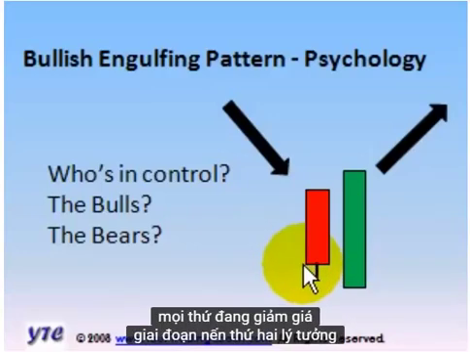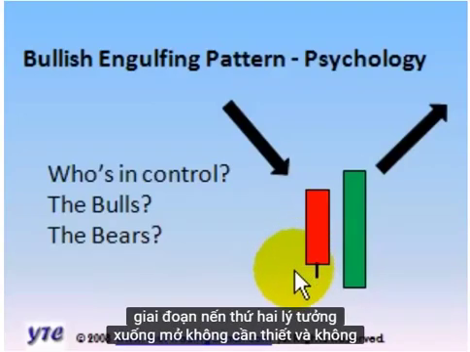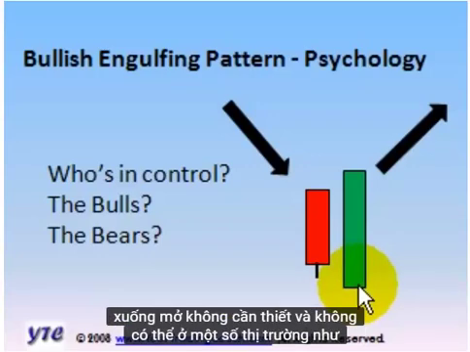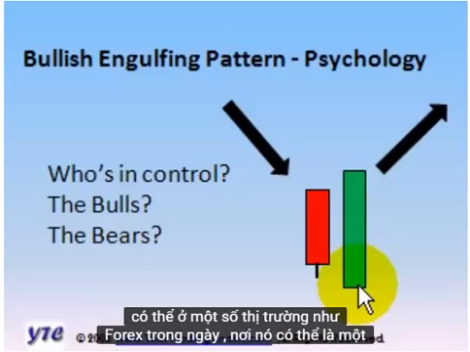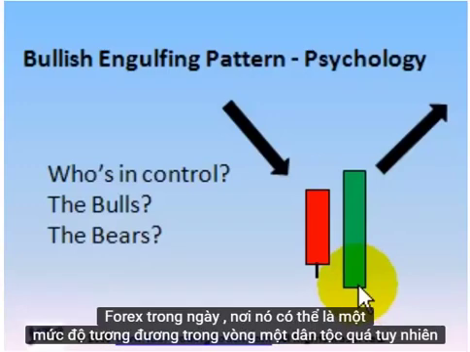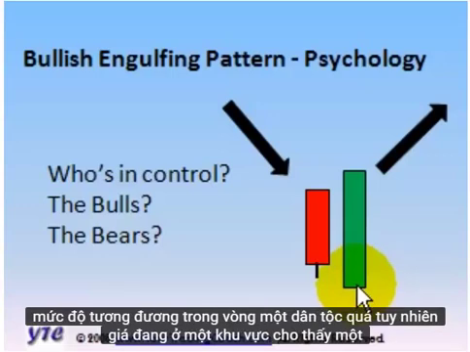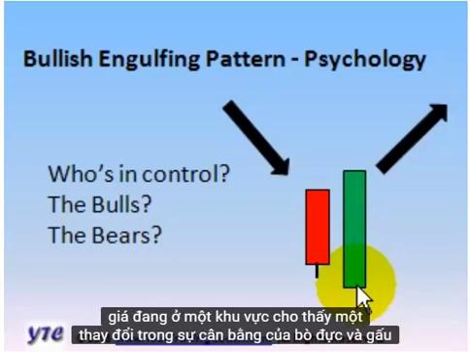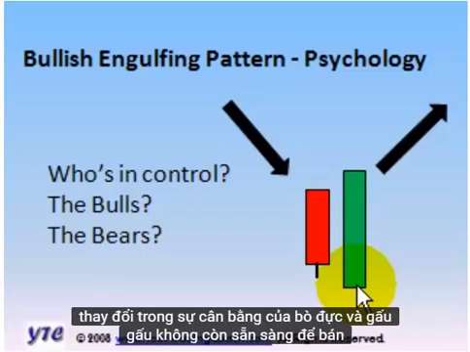The second candle ideally gaps down at the open. Not essential and not possible in some markets such as intraday forex, where it might be at an equal level or within a pip or two. However, price is at an area now that shows a change in the balance of bulls and bears.